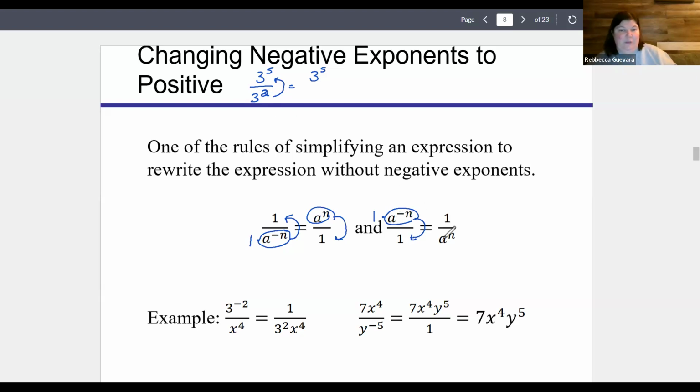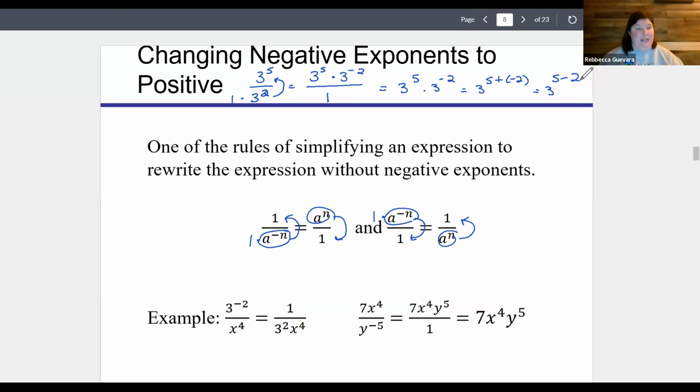So if I had 3 to the 5th over 3 squared, this could flip back up here as 3 to the negative 2, and we keep the 1 on the bottom because there's always a 1 left behind when there's multiplication and division involved. So this is 3 to the 5th times 3 to the negative 2, or 3 to the 5 plus negative 2, which is the same as 3 to the 5 minus 2.